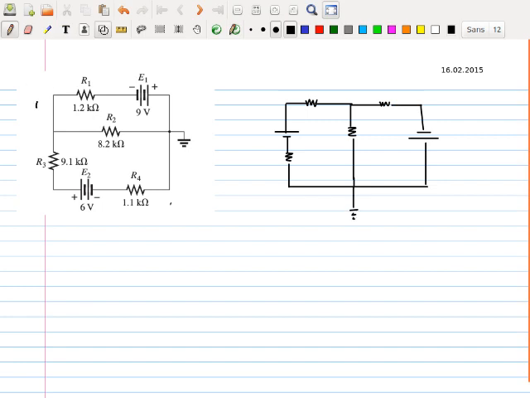I got to move this up, rotated by about 90 degrees. I get this, then this would be E2, that would be E1, this would be R3, that would be R4, this would be R2, and this would be R1. Perfect. This looks better.